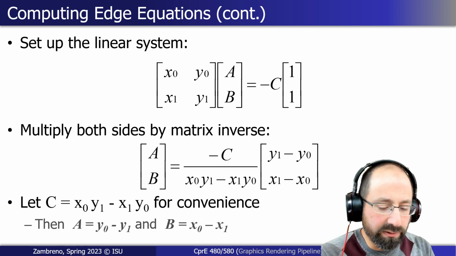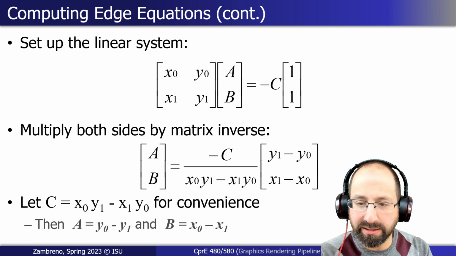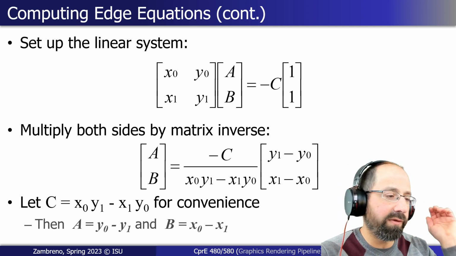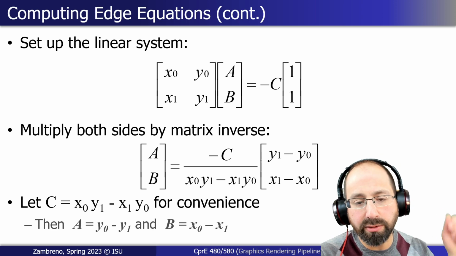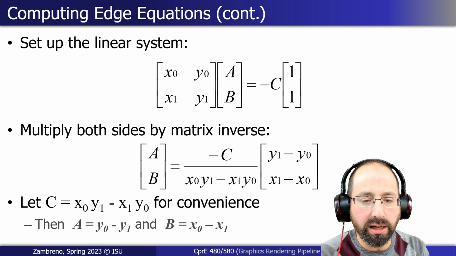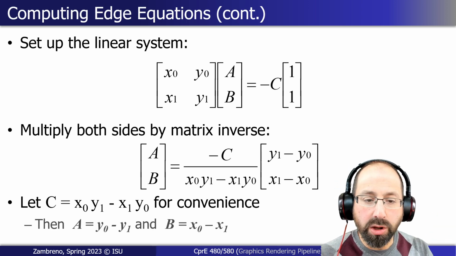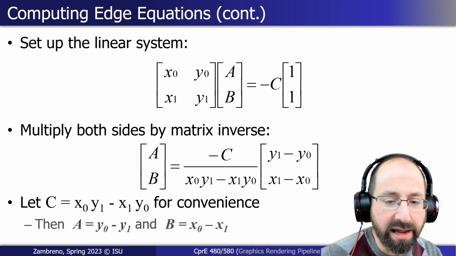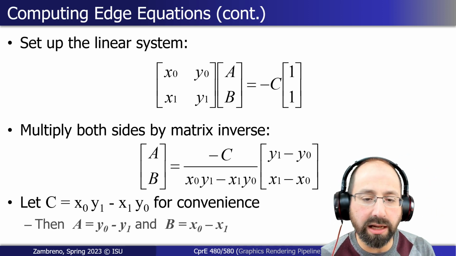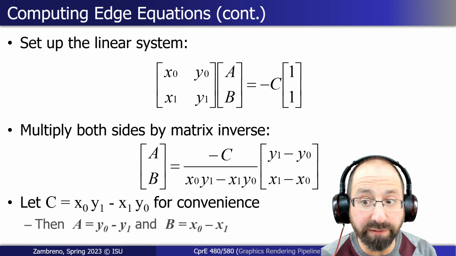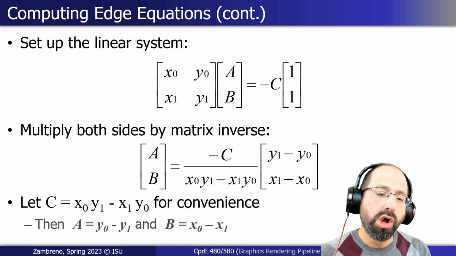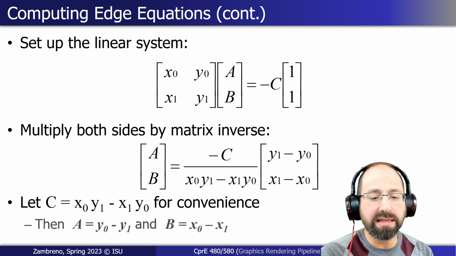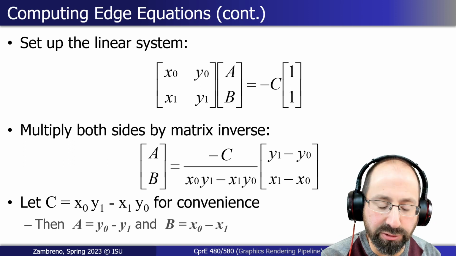Those of you who remember your linear algebra, this is a relatively straightforward one. We have A x0 plus B y0 plus C equals 0. We can then formulate that as a linear system, with A and B as a function of C here. One way we can solve for A and B is to multiply both sides by the matrix inverse here.